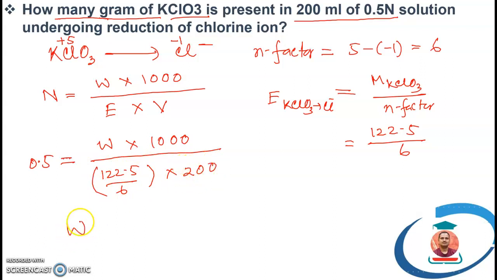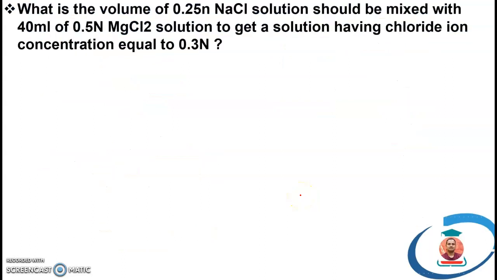When we calculate W, it comes to 2.04 gram. So W equals 2.04 gram. This is the mass of potassium chlorate present in 200 ml of 0.5 normal solution. So students, just calculate the N factor, then use the formula and you can get the answer. Let's move to the next problem.